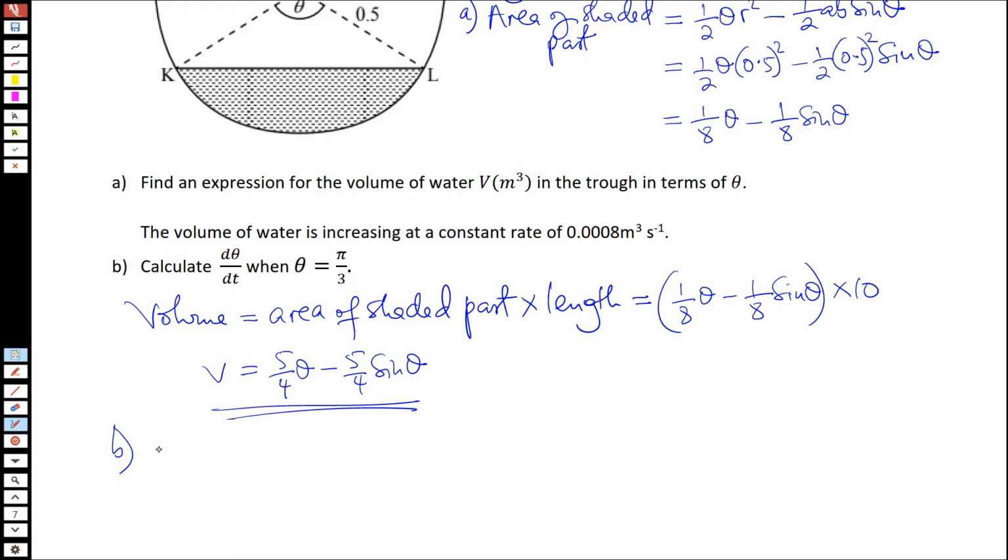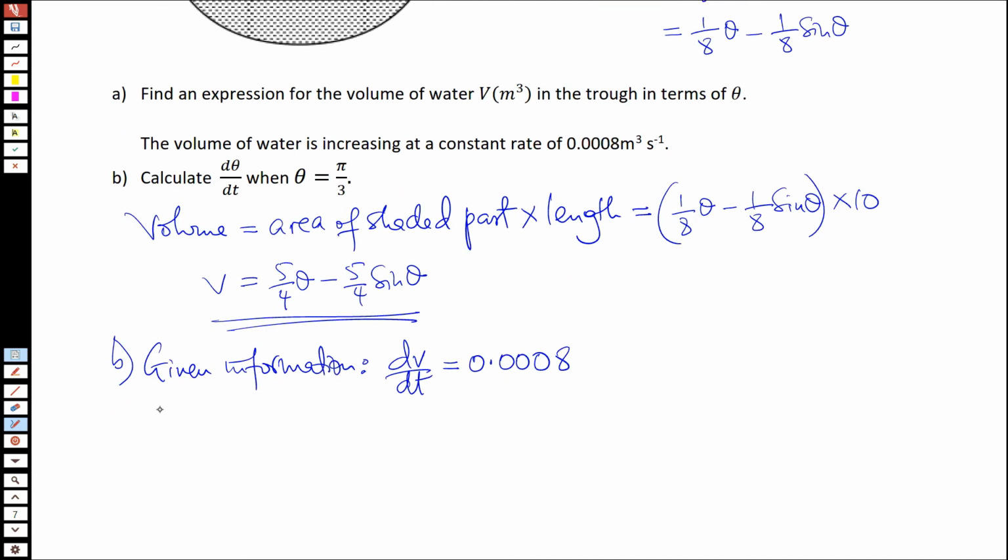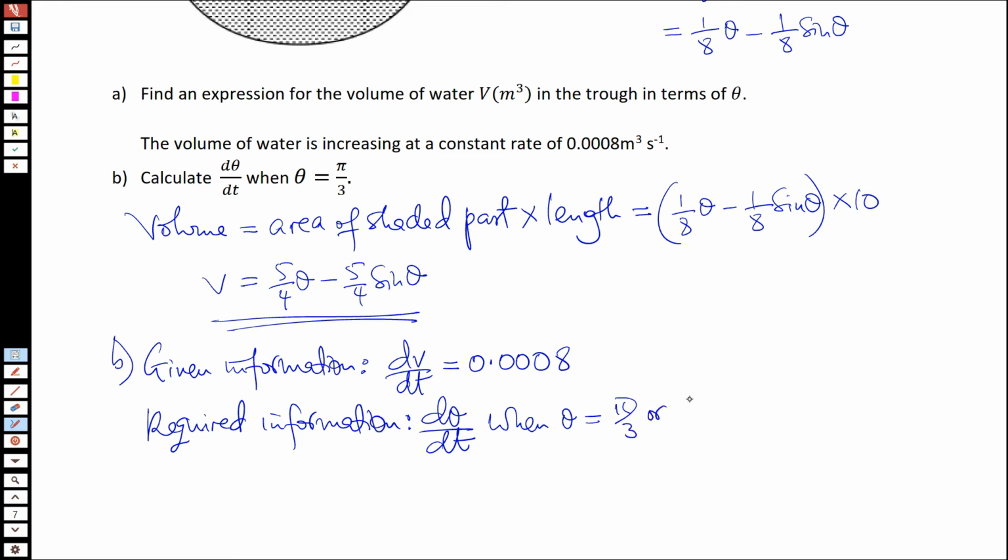So in part B, the given information is dv over dt, which is equal to 0.0008, and then the required information is d theta over dt when theta is equal to pi over 3 or 60 degrees.